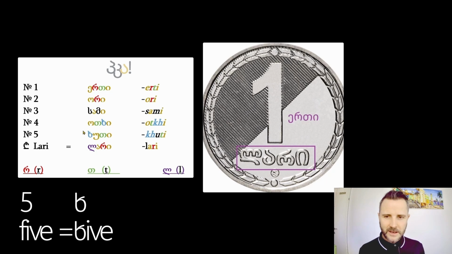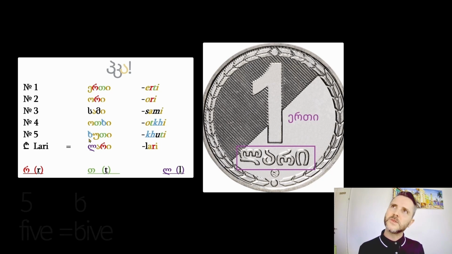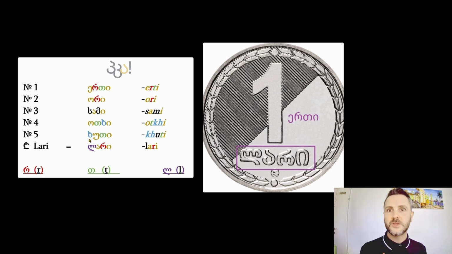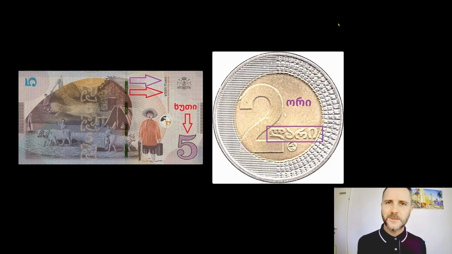It looks a little bit like a weird 5, like a 5 that got pregnant. So I just imagined that that was 5, and from then on it made me a bit more precise with getting the difference between otkhi and khuti. So those are the names: erti, ori, sami, otkhi, khuti, and lari.